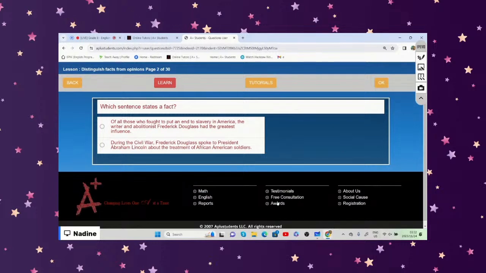Which statement states facts? Of all those who fought to put an end to slavery in America, the writer and abolitionist Frederick Douglass had the greatest influence.